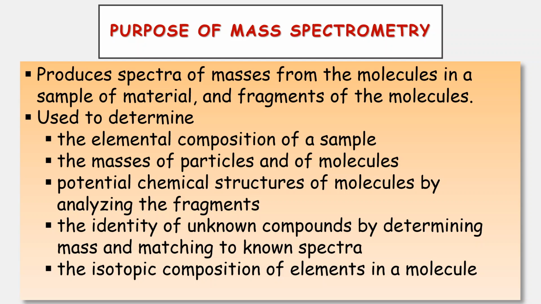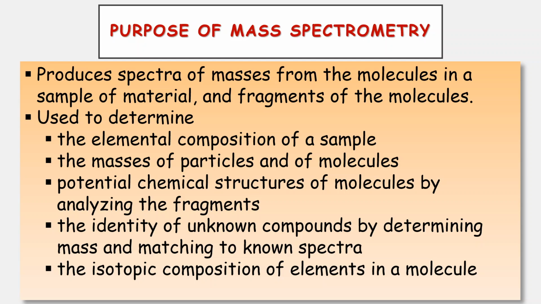From that, it can tell you what specific elements make up a molecule if it's something really large, or if you're looking at an elemental sample, what different isotopes make that particular sample up. It can give you the masses of the particles that are present. So again, looking at those isotopes, you can get the individual masses of the isotopes, or if you've got different forms of molecules that are present as well.